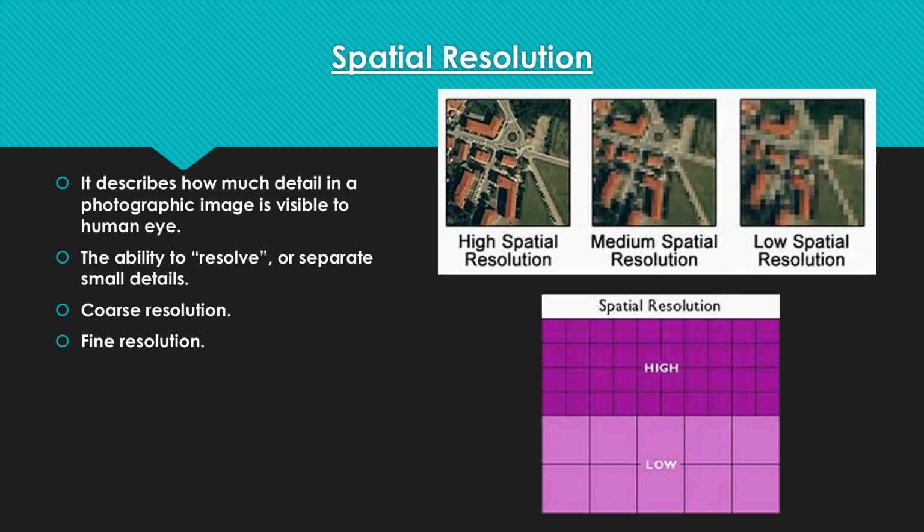So if we compare 25 meter square and 900 meter square, then obviously there will be much more detail in the satellite imagery providing 5 meter spatial resolution in comparison to the imagery providing 30 meter resolution.